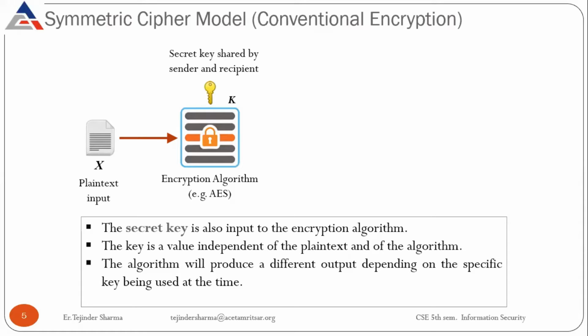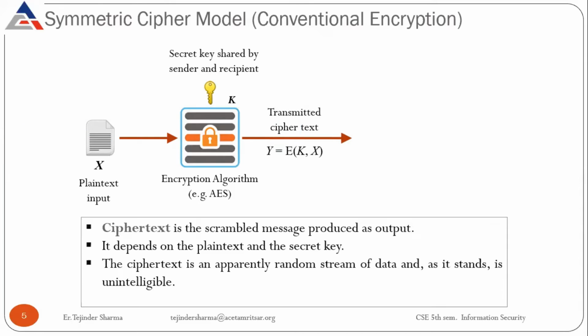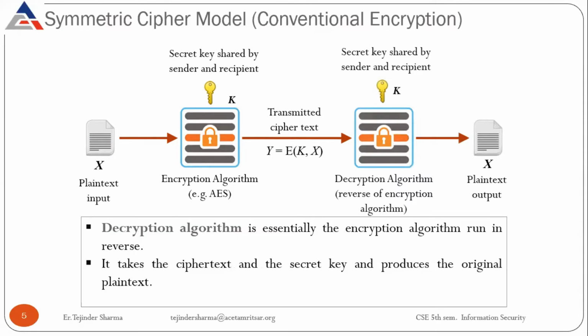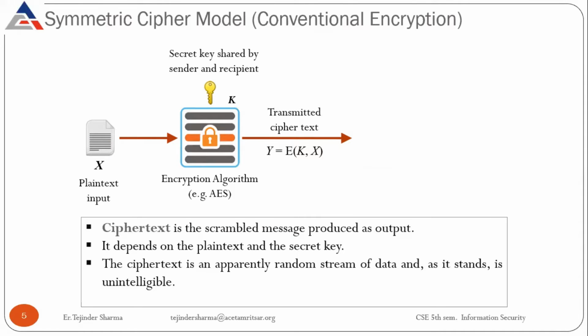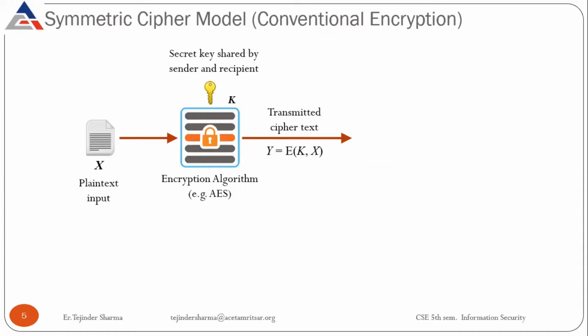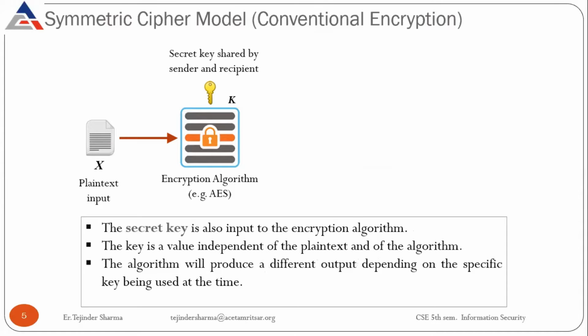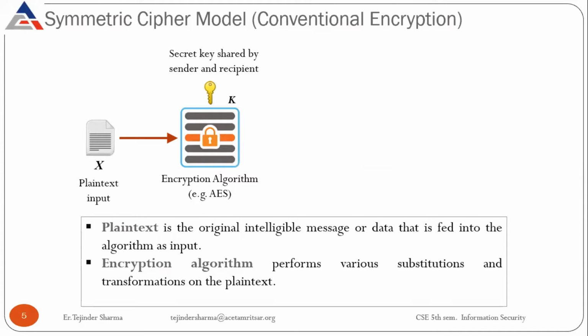See, this is the symmetric cipher model, which I have mentioned in the outline. So this is what we have done. See, the plain text is an original intelligible message or data which is fed into the algorithm as input.